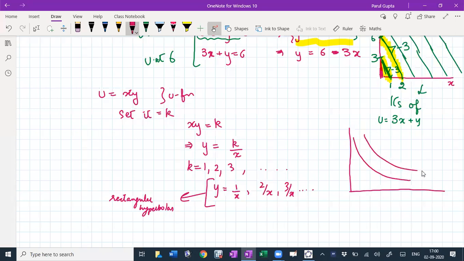So this shape is coming from the utility function, and here this one will be u equal to 1, u equal to 2, u equal to 3, and so on. If you draw more, you can label higher utility levels accordingly.